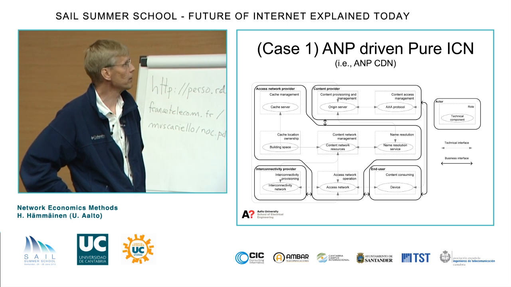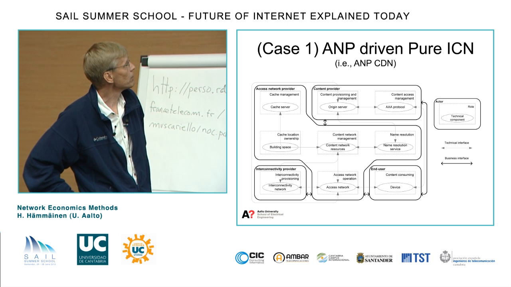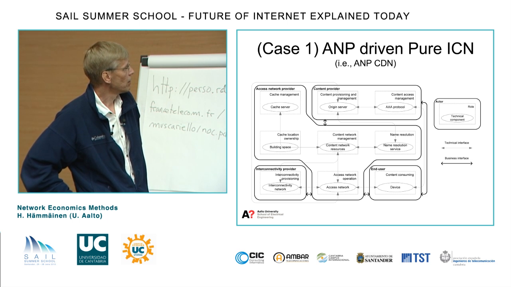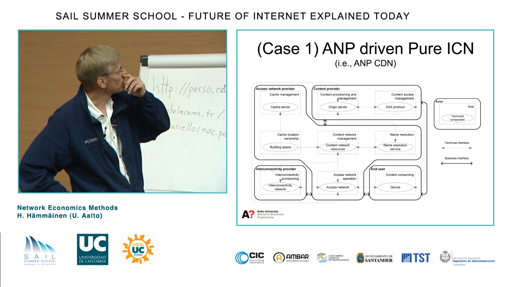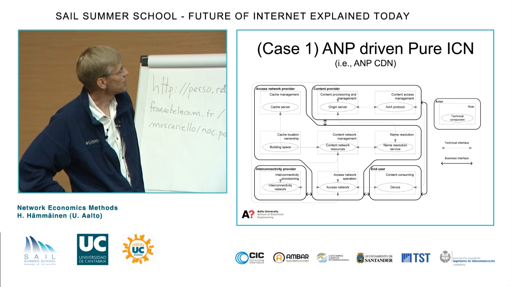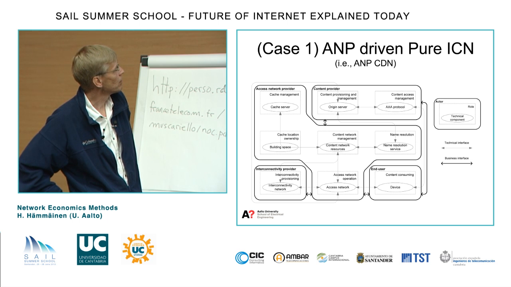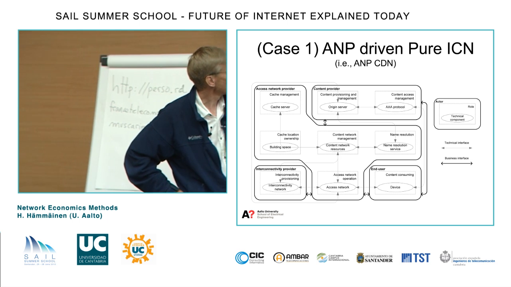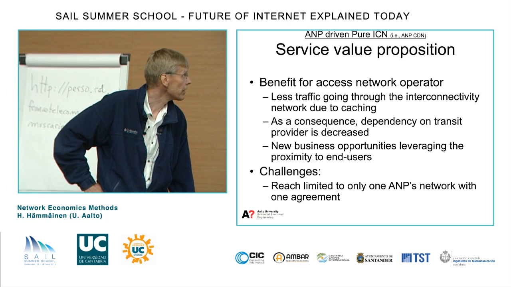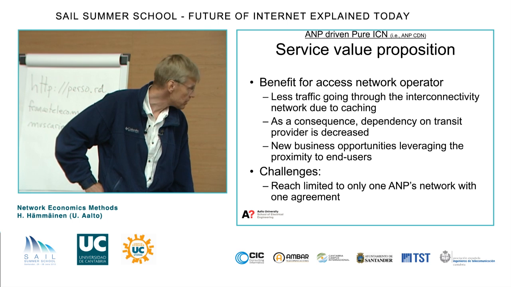All the new roles would in this case go to the access network provider. Here you can see a certain setup of roles and technical components linked with the technical interfaces.